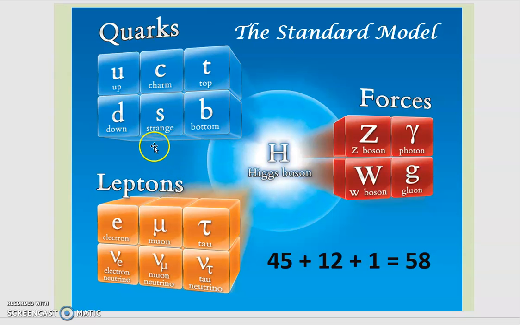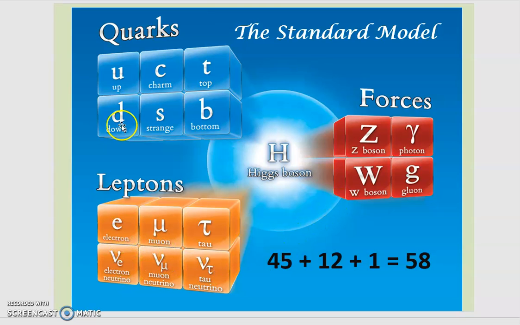The simple concept is that all material is made of quarks, and all nuclei are made of quarks. And there are electrons orbiting around them. And these are the so-called force carriers in charge of the electromagnetic force, strong force, and weak force.